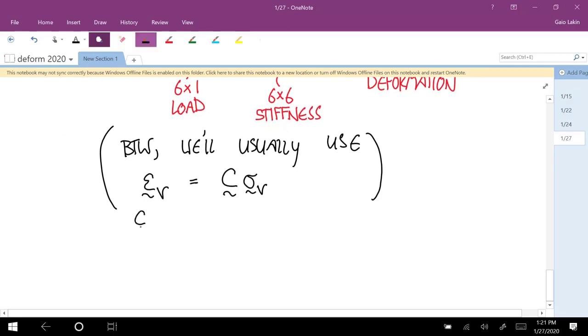Where the compliance matrix is the inverse of the stiffness matrix. Your calculator will calculate that inverse for you if you ever need it.